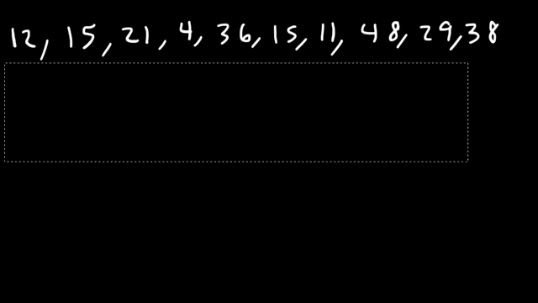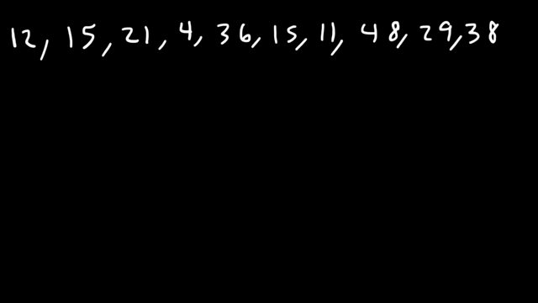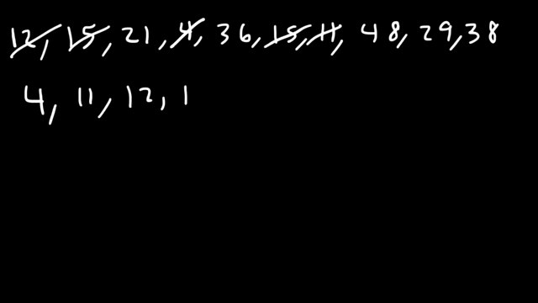So let's put everything in order. The lowest number is 4, and then we have 11, and then 12, there's two 15s.